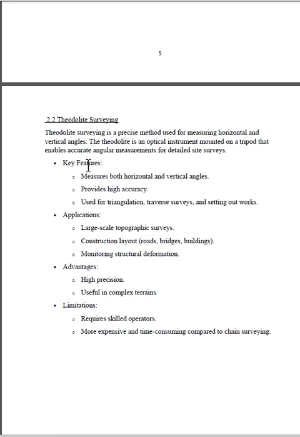This type of survey is used when you have to take a vertical or horizontal angle and to find the distance. Key features: measures both horizontal and vertical angles, provides high accuracy, used for triangulation, traverse surveys, and setting out works.